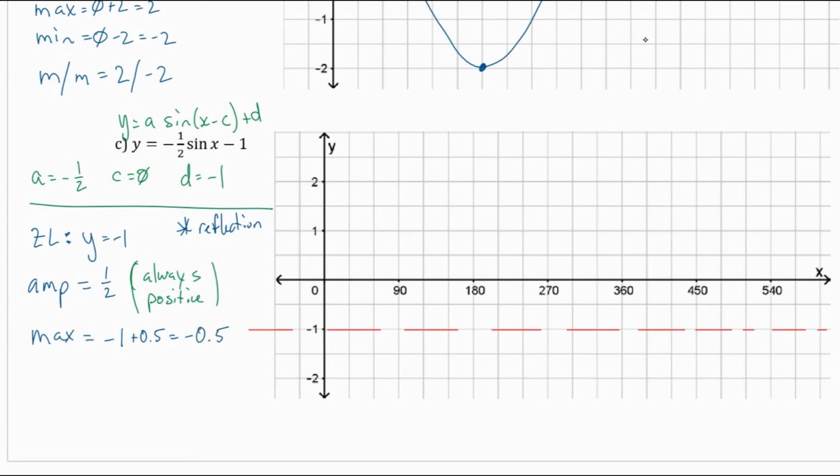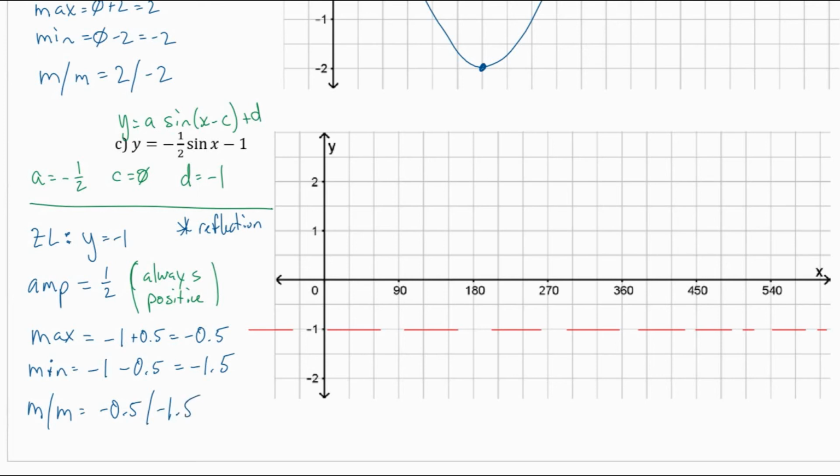And then the min, which is the 0 line minus the amplitude. And you probably want to use decimals for that, not fractions, right? It's easier. And so the max and the min are negative 0.5 and negative 1.5.